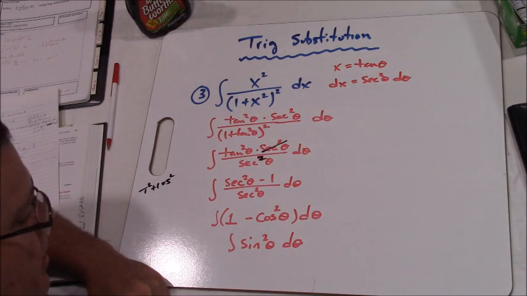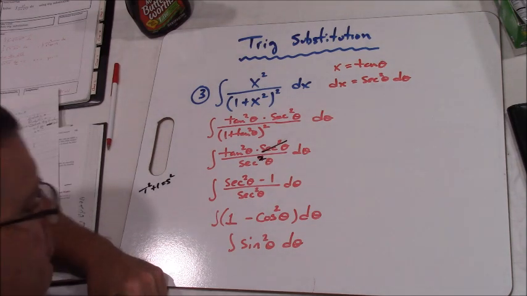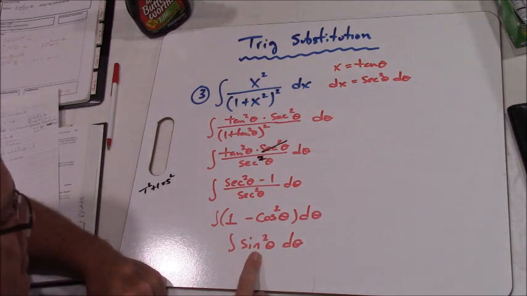And I don't have a formula for that, so I'm going to have to think of some other way to integrate this. And so I guess my thought is integration by parts.